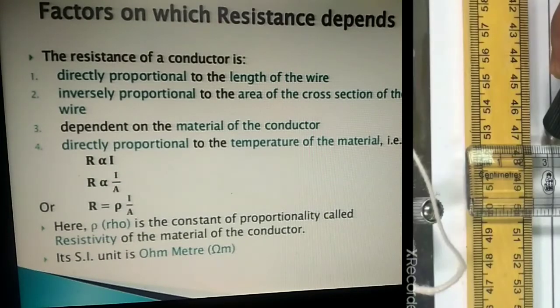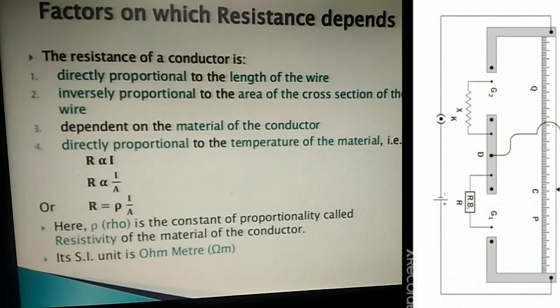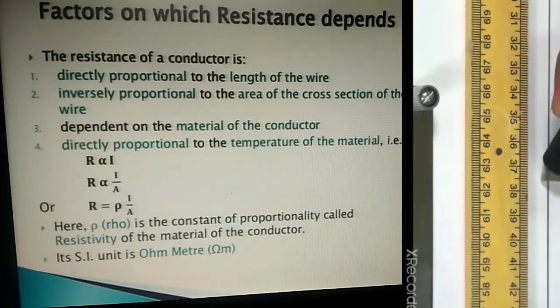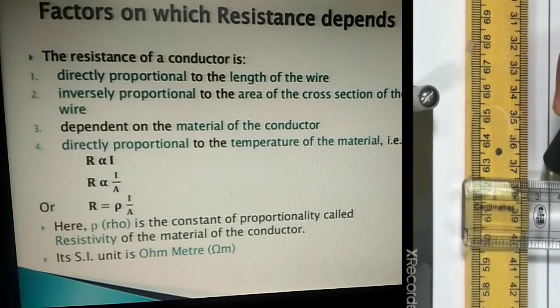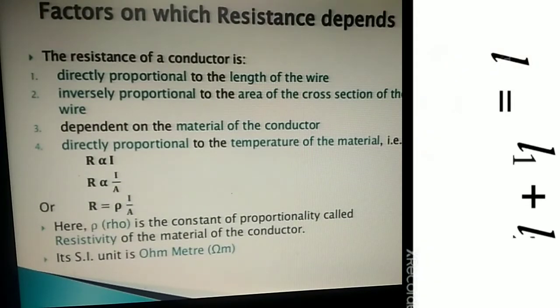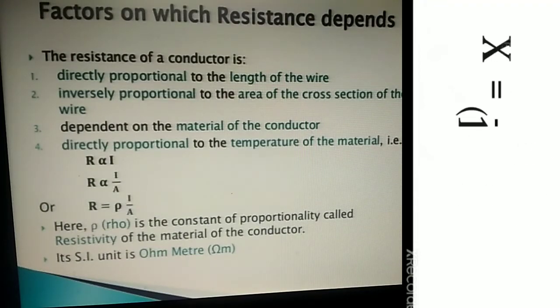That is, R is proportional to L, R is proportional to 1 by A, R is proportional to L by A, R is equal to rho L by A. Here, rho is the constant of proportionality, called the resistivity or specific resistance of the material of the conductor. The SI unit is ohm meter.